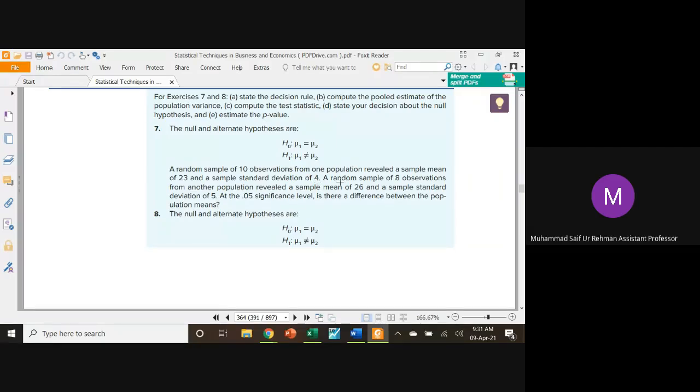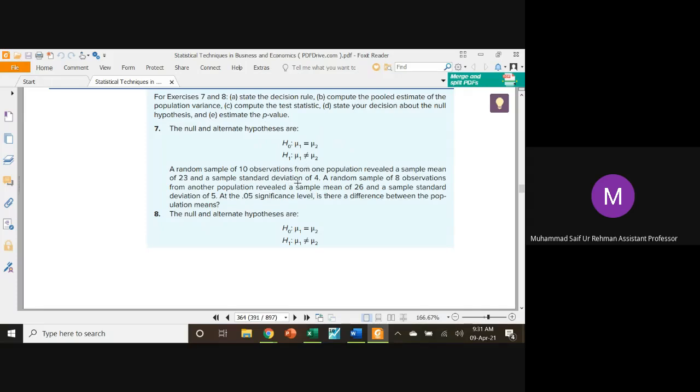Similarly, a random sample of 8 observations means N2 is 8. Sample mean X2 bar, fine. Sample standard deviation S2 is 5, so S2 square will be 25. The level of significance is also given. So everything is there that may help you in finding SP square, and then definitely the t statistic will be used, as population standard deviations are unknown but sample standard deviations are known.